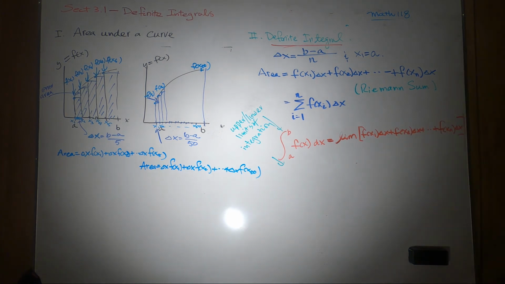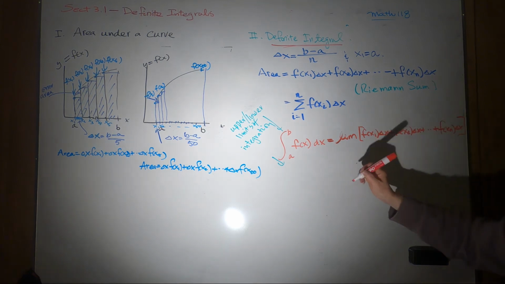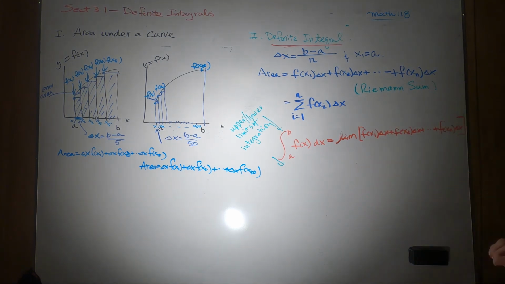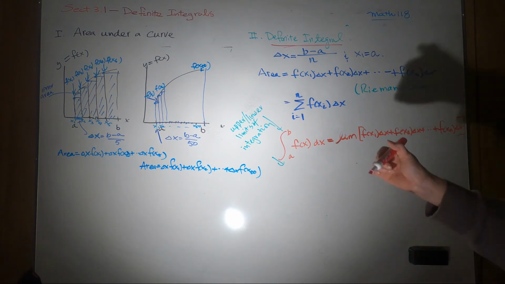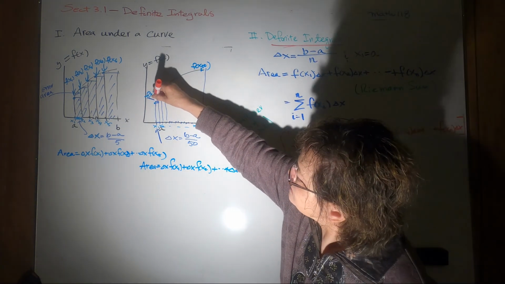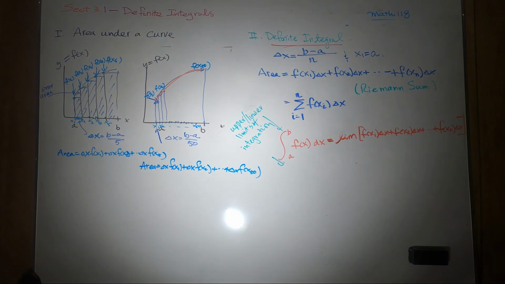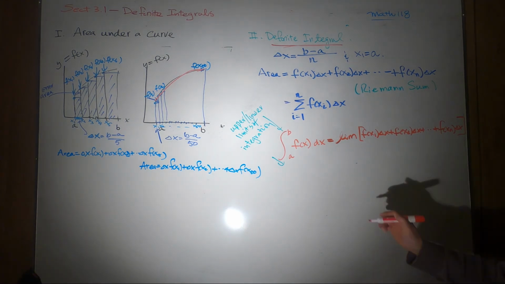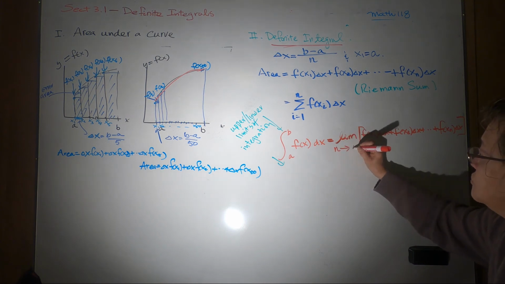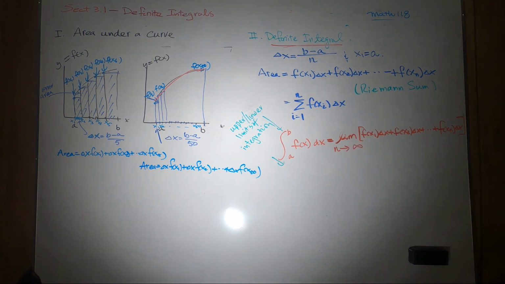Can be 5,000, right? Then when we split it more in detail, the bigger the number n is, the closer we get to the real area under the curve, right? So we do it this way when n approaches infinity.